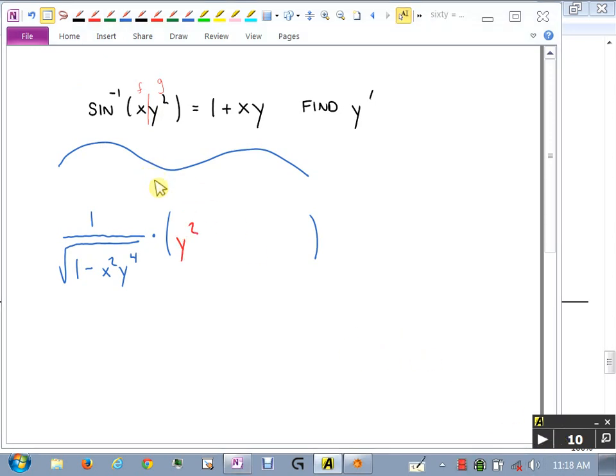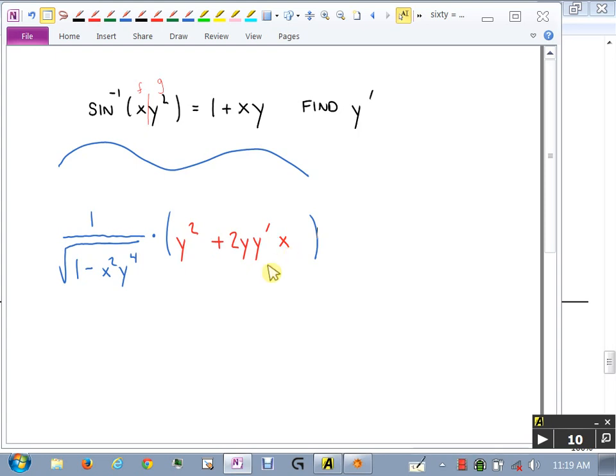And then plus, now the derivative of y squared, which is 2y, careful, 2y y prime, right? Because you take the derivative of the y squared first, it's 2y, then you take the derivative of y itself, which is y prime. Then finish off the product rule, you have times the x.